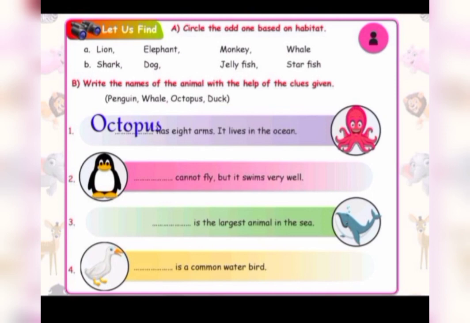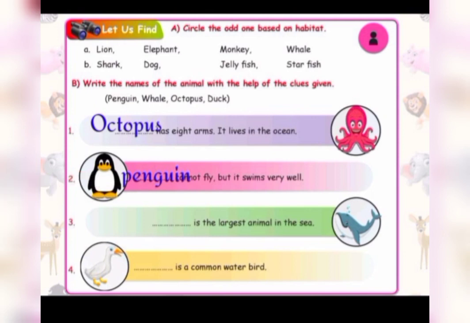Second one, dash cannot fly but it swims very well. What is the picture they have given? Yes, penguin. So the answer is penguin cannot fly but it swims very well. Third one, dash is the largest animal in the sea. This is also so easy.